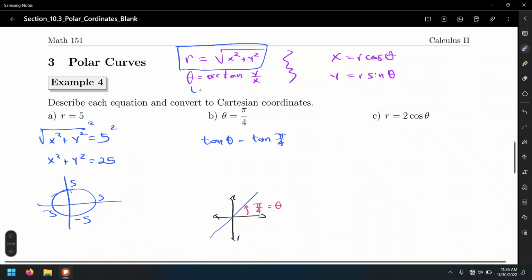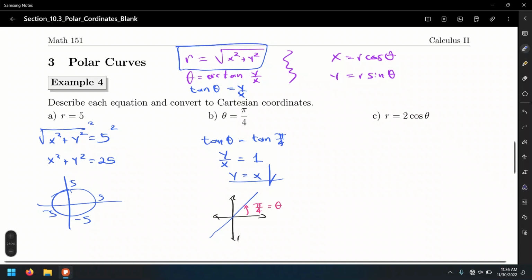That's tangent theta equals y over x, and I'm going to replace tangent theta with y over x, and tangent of pi over 4. What's that? I think it's 1. Solve for y equals x. Is that the same linear equation, the one that passes through the origin? The same thing.